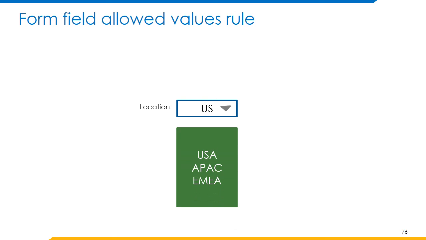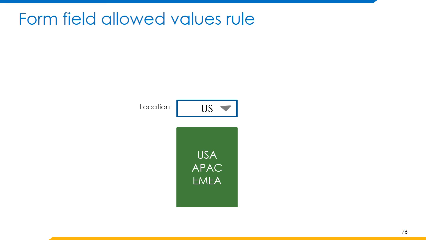Form field validation rule, particularly the allowed values rule. Form fields support two kinds of validations. The first is we provide a list of values and the field value shall not deviate from such values. The second is we provide a validation rule which validates this field.